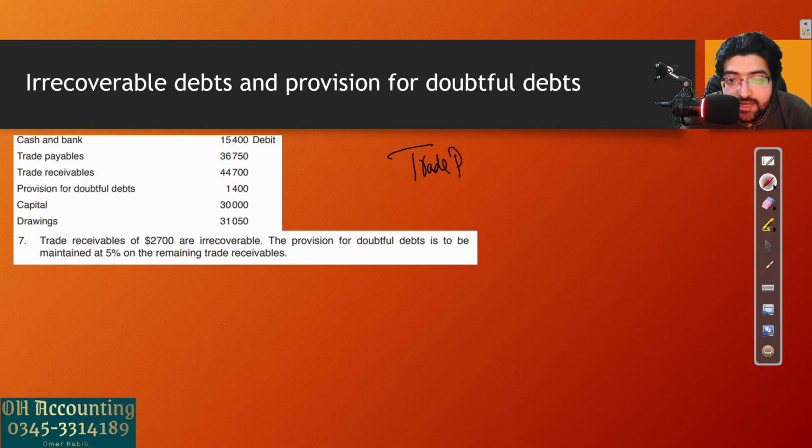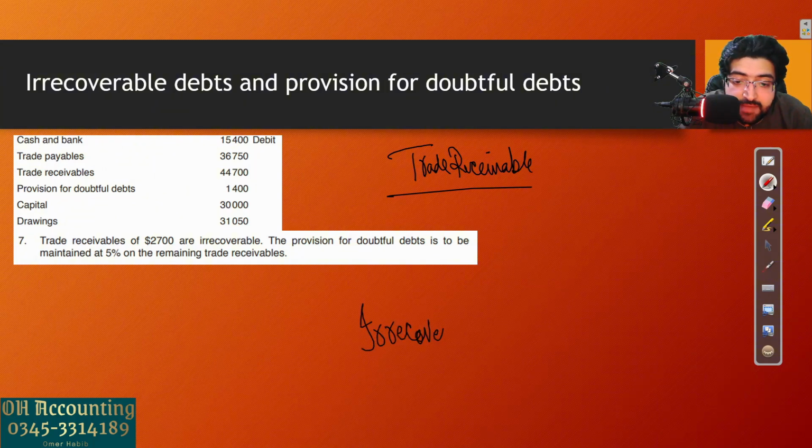Trade receivables are those people who owe us the money. Okay? So when they don't pay us back, in any case, let's say they went bankrupt or they're no longer traceable, they ran away with your money or things like that. That is called an irrecoverable debt, which means they're not going to pay you that money back. Irrecoverable debt. This was also called bad debt in the past.